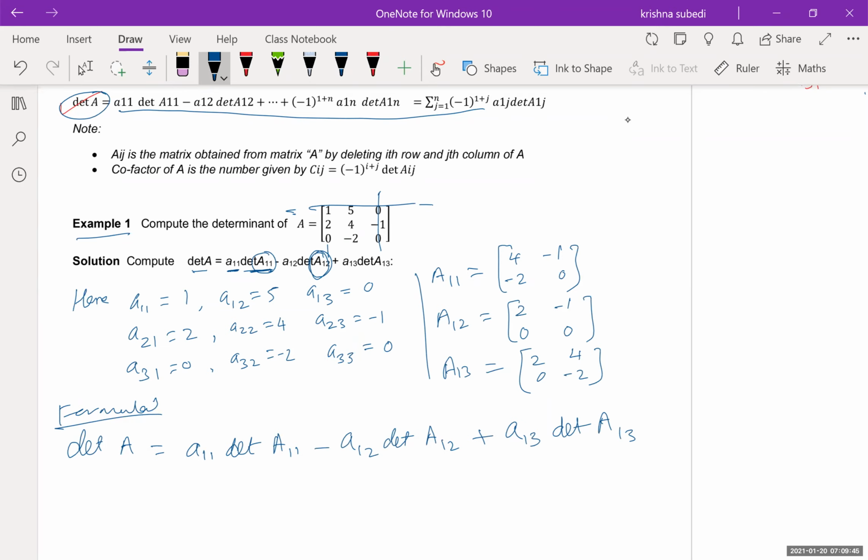Now the sign will change like this, okay? Positive, negative, positive. If it is 4 by 4, we'll have positive, negative, positive, negative. It goes that way.